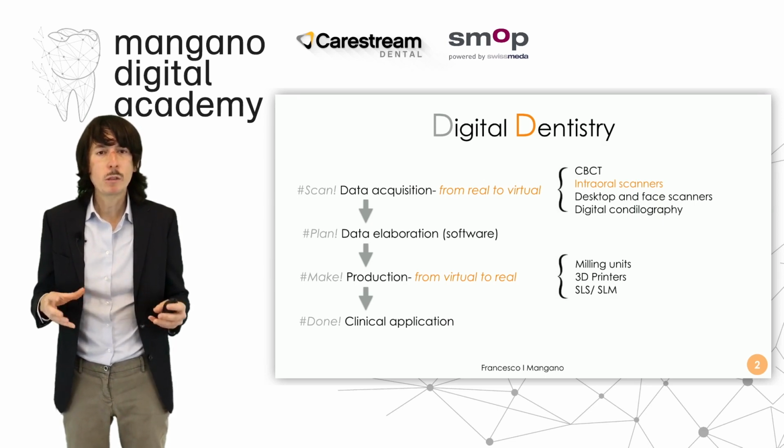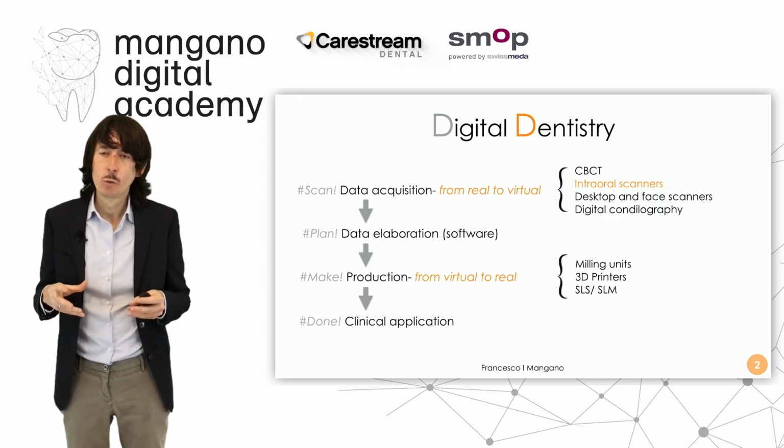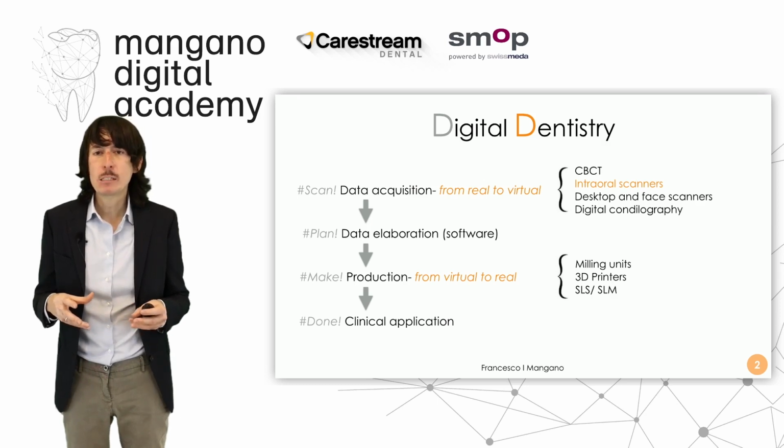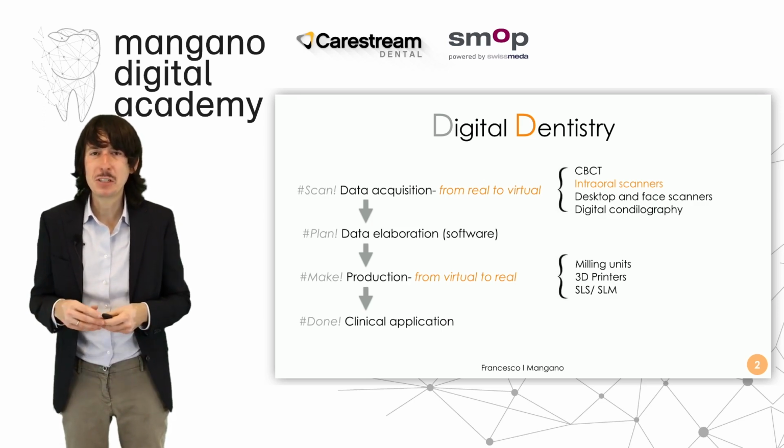Then we have our crowns, our bridges, our surgical guides, our ortho devices, and we can apply them clinically. So we have the last phase done, the clinical application. So we have 4 phases in digital dentistry: scan, plan, make, and done. It's the essence of the workflow. These are the essentials of digital dentistry.